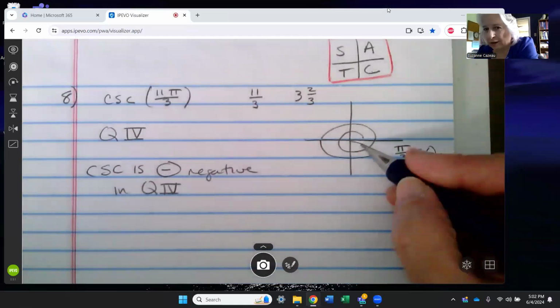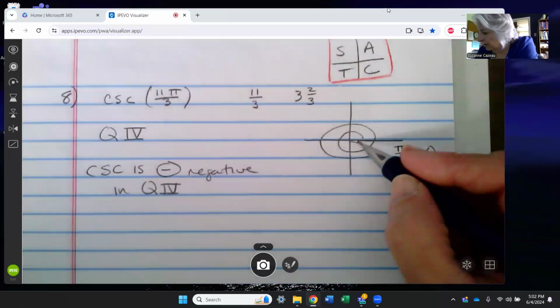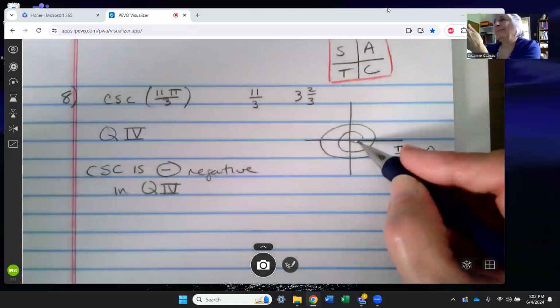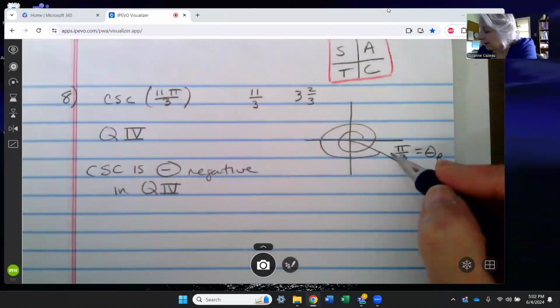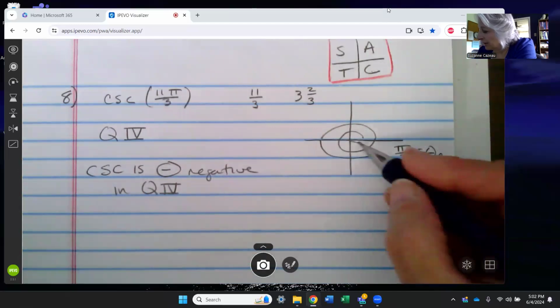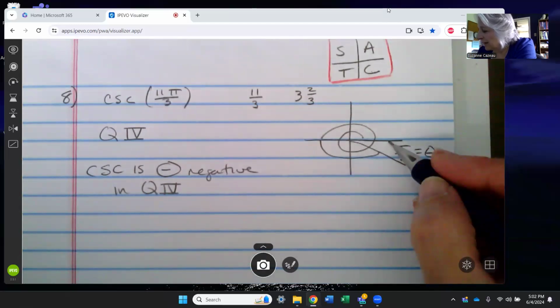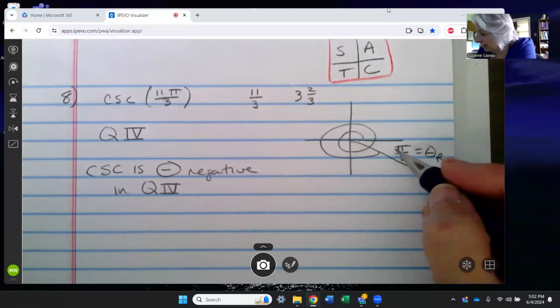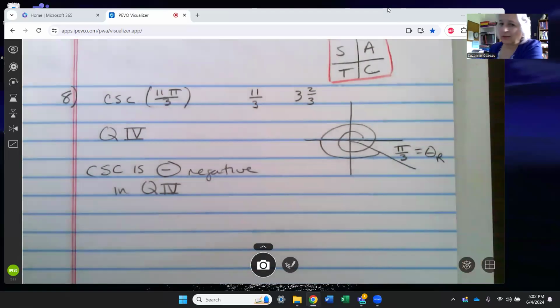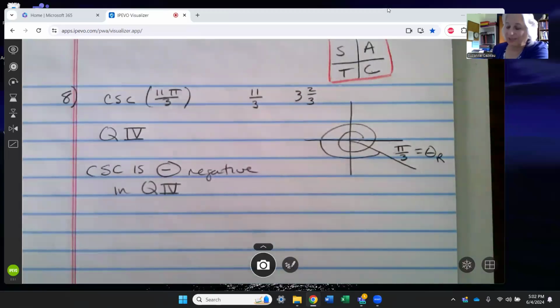If this is your little angle in here, cosecant is the reciprocal of sine. So what's the sine? You're going to have a positive on the x and a negative on the y, and that's going to be opposite. So you've got a negative divided by a positive, and so that's going to get you negative for cosecant.